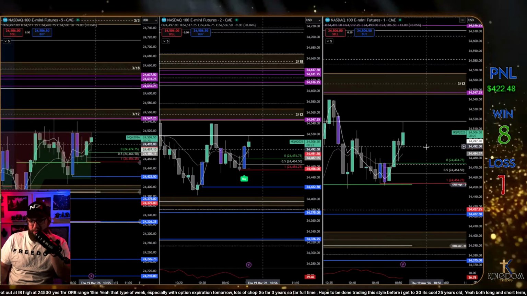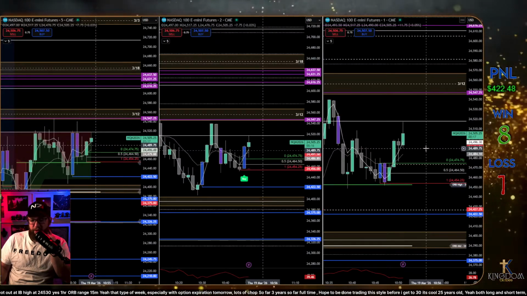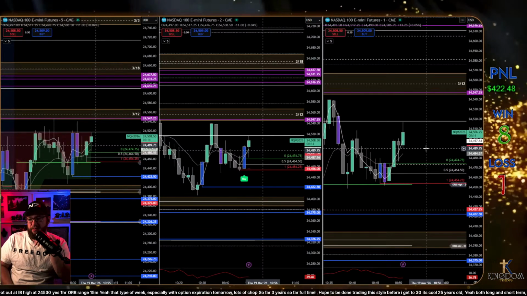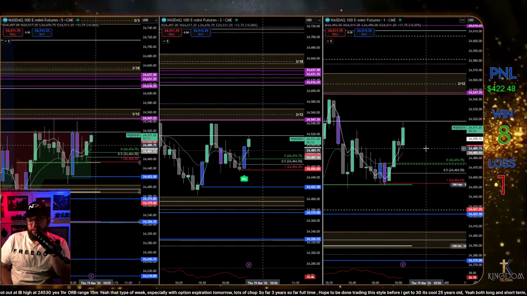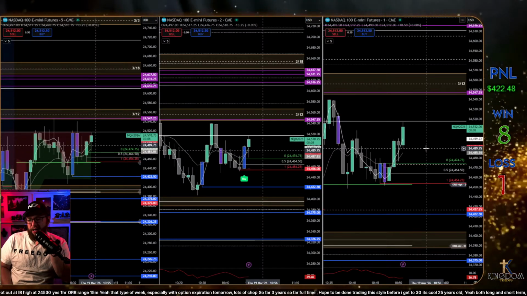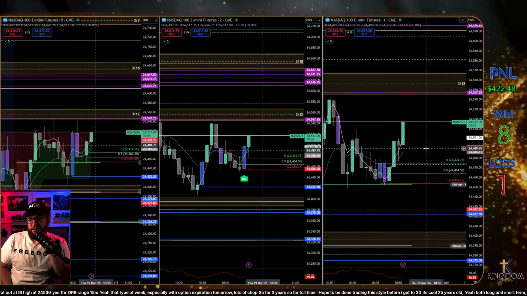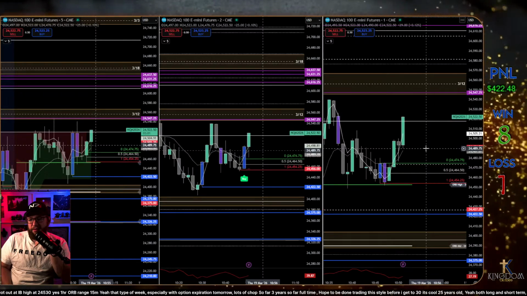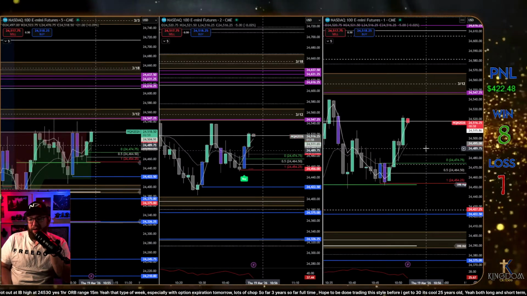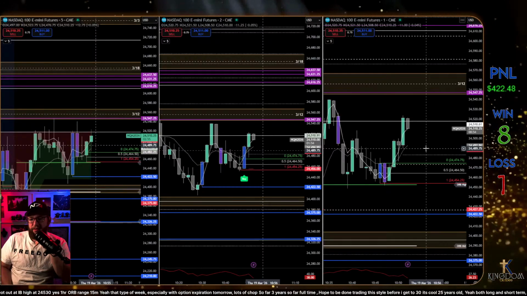Right now our trail would be at 89, I'd say, right below the low of that candle, which is right about the 10-point level. So I'd be holding at 10 points profit, and probably target that 47 for full TP.